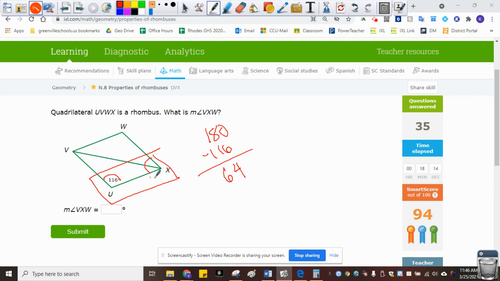So X, the whole X, has to be 64. But the diagonal cuts it in half. So half of 64 is 32. So both halves are 32. And that's what it's asking you for, the half. VXW, this half is 32.